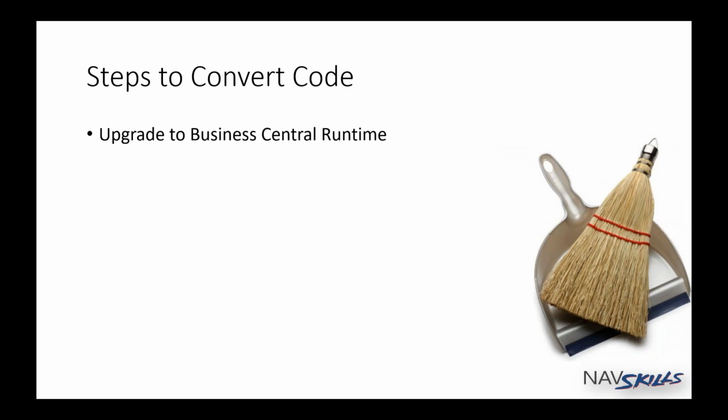And the improvements are mostly in the Business Central runtime on the Docker builds. And if you really want to have the best conversion experience, you have to upgrade your customer to the Business Central runtime. And this is where it's tricky, because if you want to convert an NAV 2015, 16, or 17 database to an extension, you also have to find your base version and upgrade that to Business Central, because both of the versions have to be exported from the Business Central runtime.